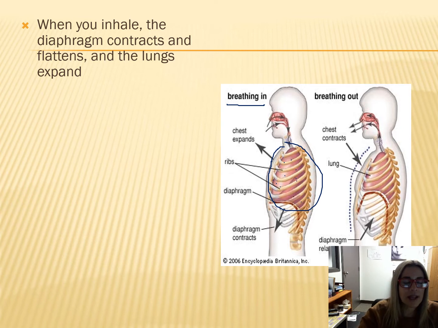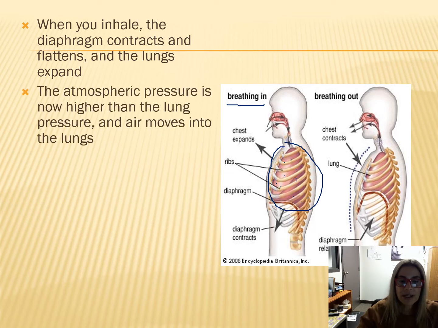More space means less pressure. So the diaphragm contracts and flattens and the lungs expand. As a result, the atmospheric pressure is now higher than the air pressure in your lungs, and that's what allows you to take air in. You can see that visually here.